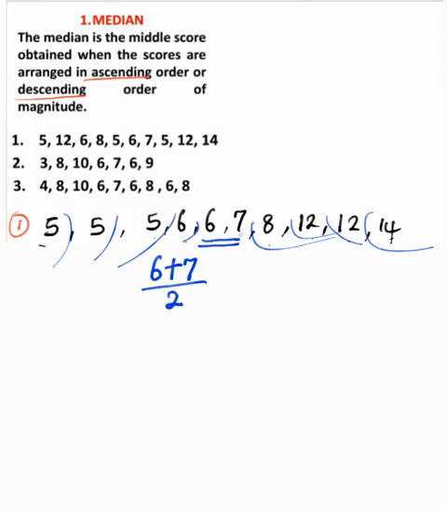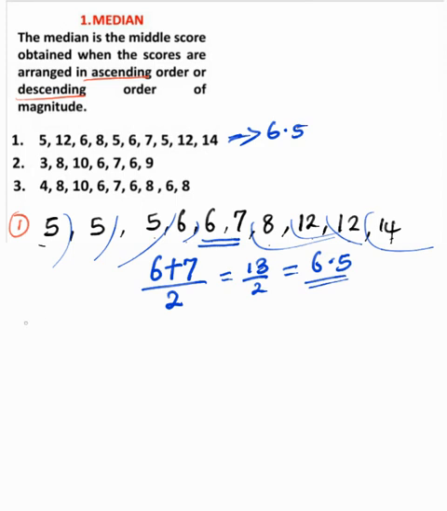That is the arithmetic mean of these 2 scores. And we are going to have 13 over 2. And 13 divided by 2 is simply 6.5. So the median of this first question now is 6.5.